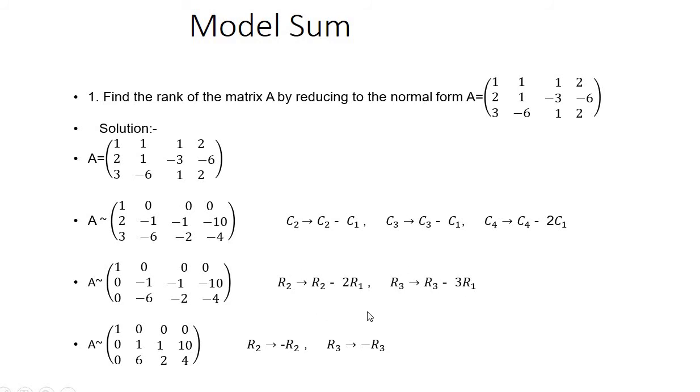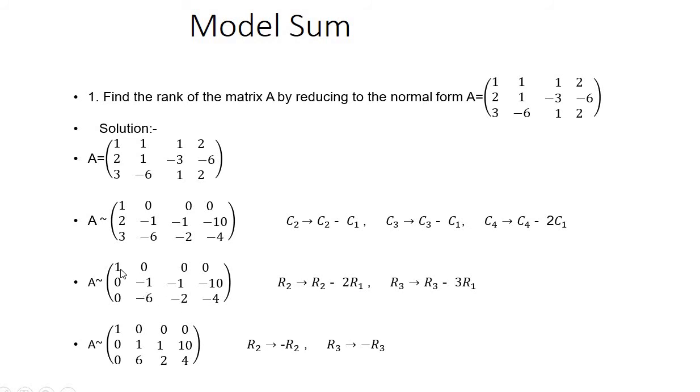After performing these two operations, 2 minus 1 into 2 is 0, and 3 minus 1 into 3 is equal to 0. Now we got this matrix after reducing the rows. Then pass on to the next element.